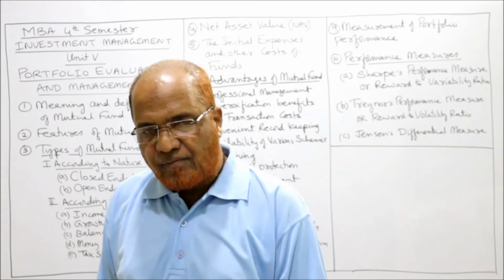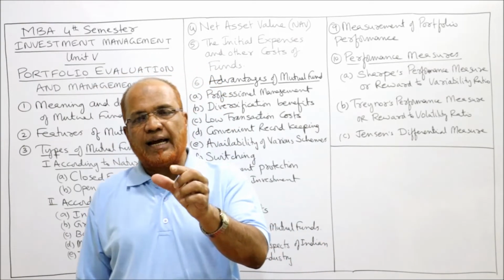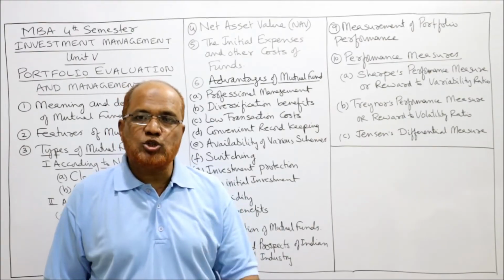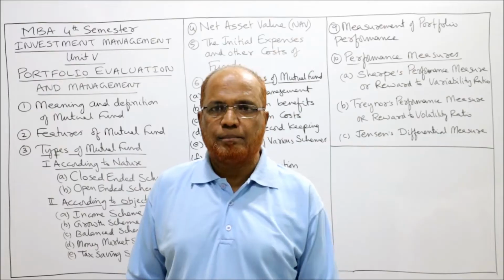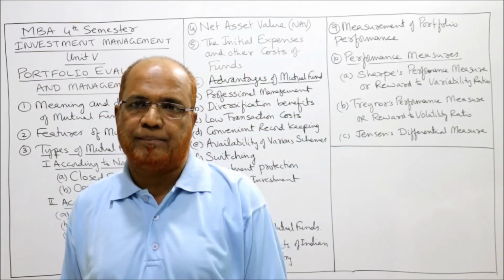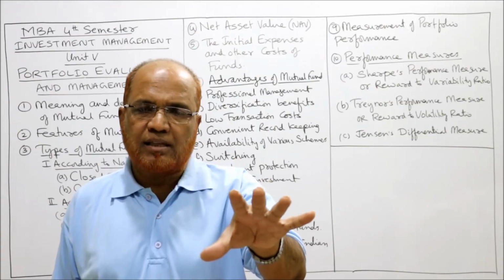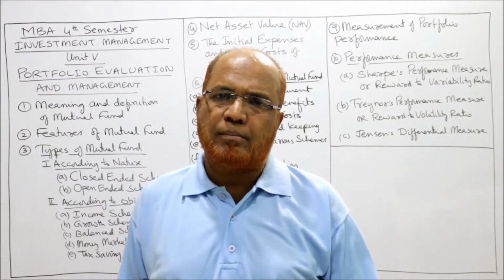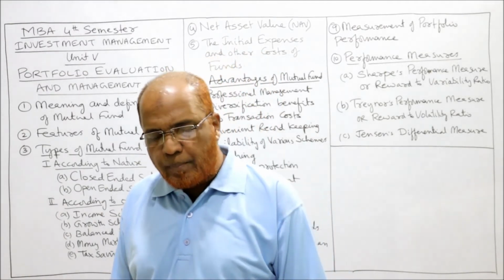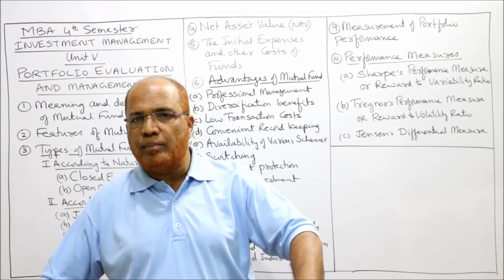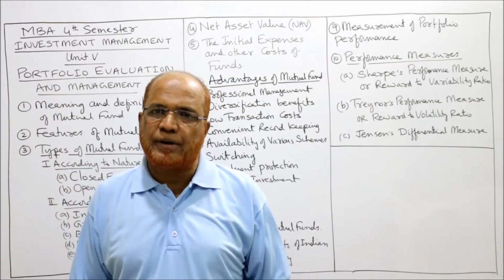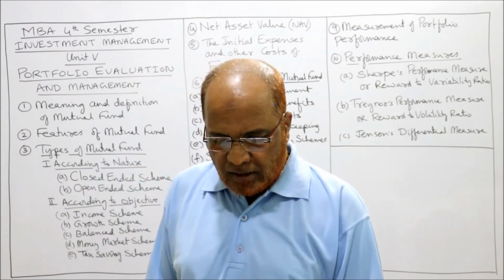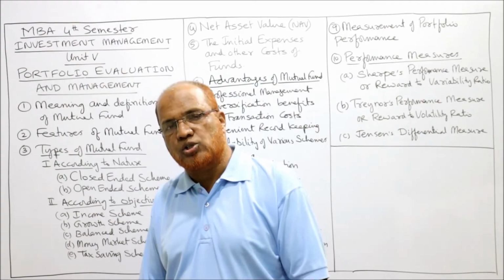A closed-ended scheme has a fixed maturity period. The units in a closed-ended scheme are for a fixed period. The maturity period is 5 to 15 years. Your money is locked up for 5 to 15 years. If you want to keep it, keep it in the mutual fund for 15 years. If you need money in between, you can go to the secondary market and sell your units. There are many buyers and sellers in the secondary market. Whereas an open-ended scheme does not have a maturity period. There is no maturity period. At any time a person can disinvest by going to the mutual fund company. The closed-ended schemes are listed in the secondary market, the stock exchange.